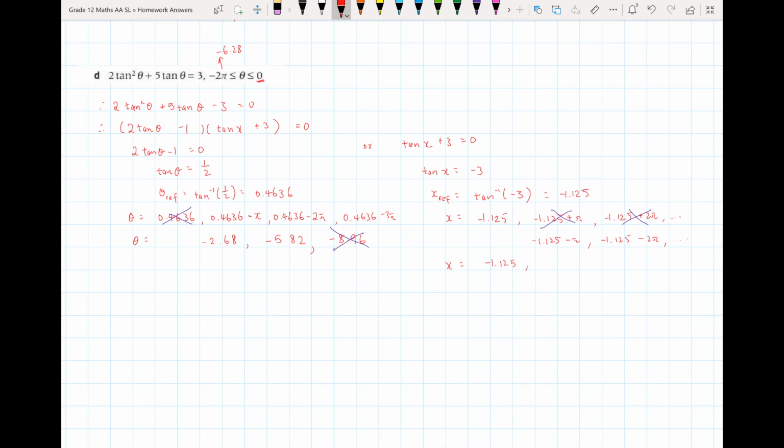I could also do... Did I copy the answer down wrong? Where did I get 1.125 from? I have no idea. This is 1.249. So if I try to add multiples of pi's or subtract them, then these won't work.